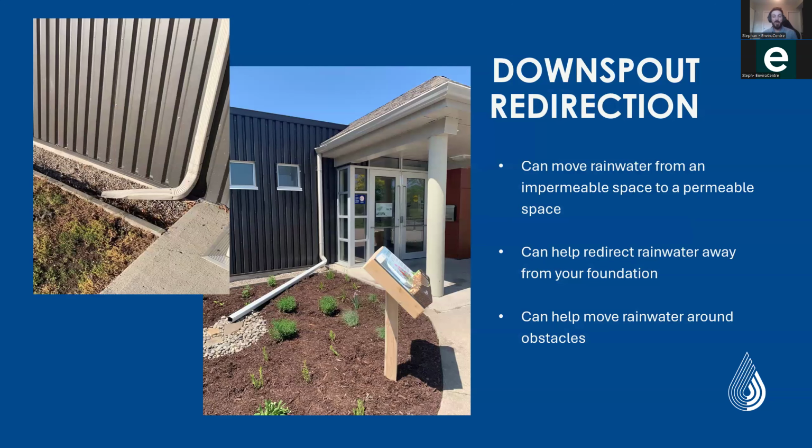That's because there's no real option, there's no permeable space near. You can't extend it across your driveway, obviously, as that would be cutting off most of your driveway, or cross it over to the other side of your property. There's no permeable space there. You can consider redirecting the downspout.